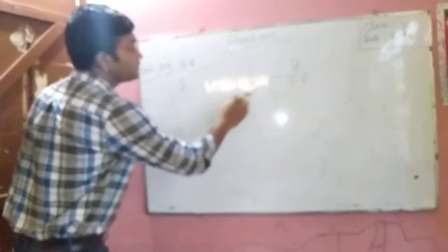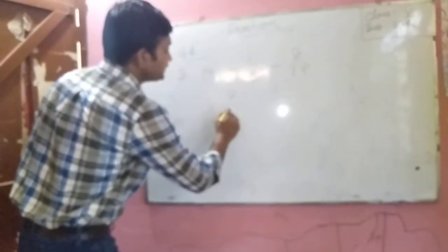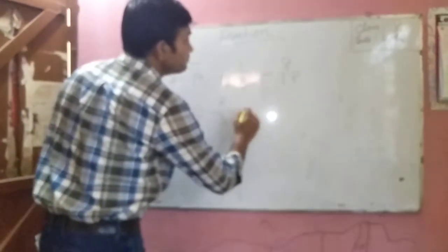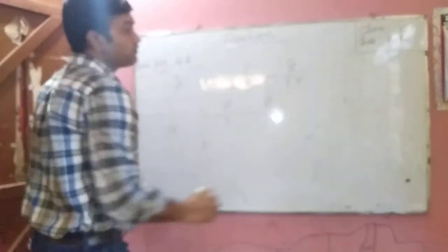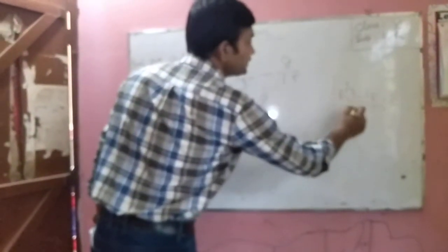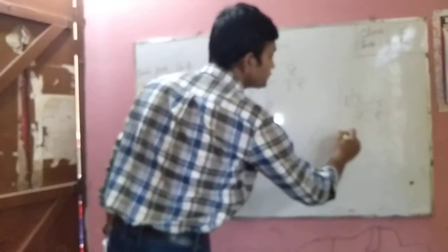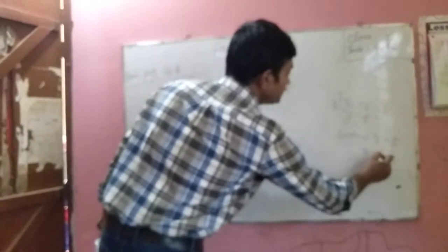First of all, we have to convert it to an improper fraction. 2 3s are 6 and 1, 7 by 3 minus 8 by 15. So we have to find the LCM of 3 and 15. You can see 3 1s are 3, 3 5s are 15. So LCM equals 3 into 5 equals 15.